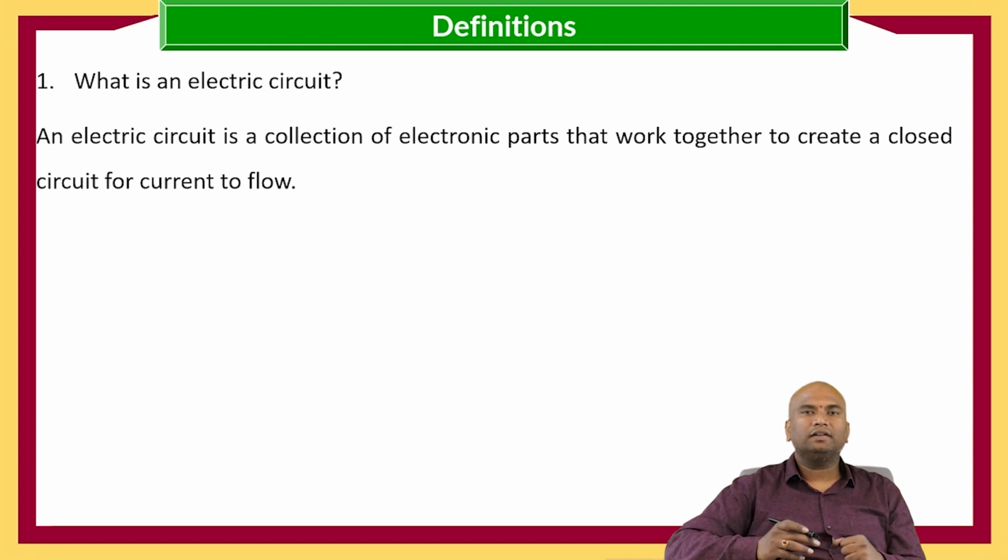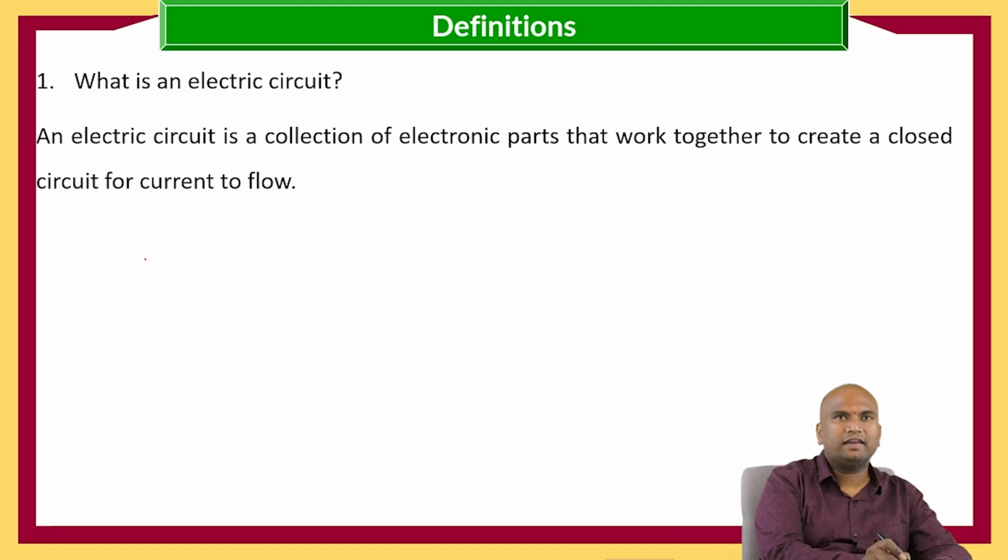That is, there should be a closed path. An interconnection of two or more electrical elements with a closed loop is called an electrical circuit.